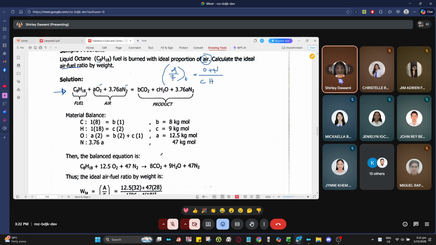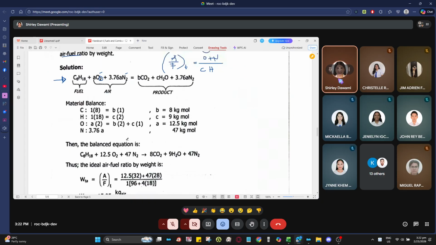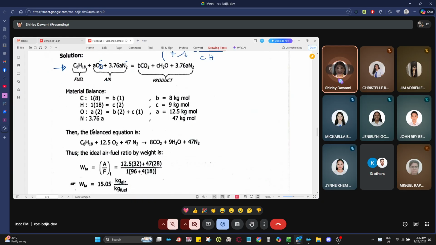Number of moles, not atoms, because atoms are given by the subscript. So we need to find A, B, and C so we can come up with the balanced equation.